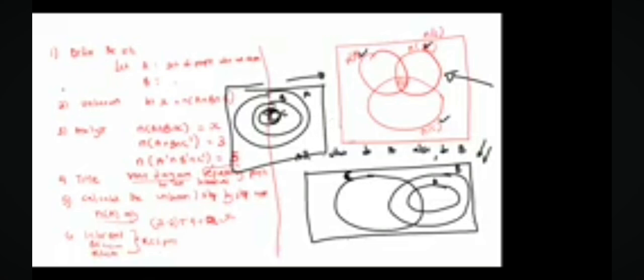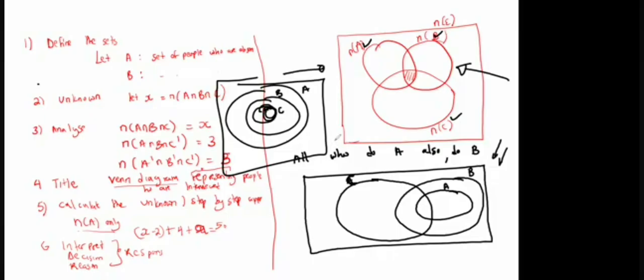But in case you find a scenario, read and interpret it well, most especially for things that may not have an intersection. Most especially when you find such statements, all of those who do this also do this, you may find that sometimes you need to adjust your Venn diagram to meet that case.